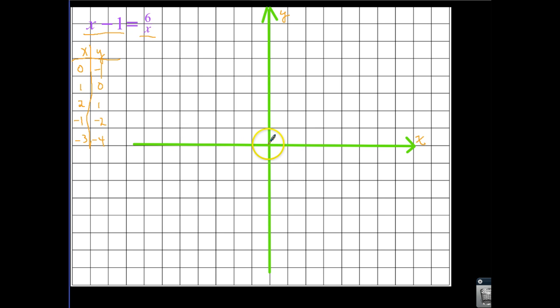So let's graph. x is 0, y is negative 1, which makes sense. That's the y-intercept.